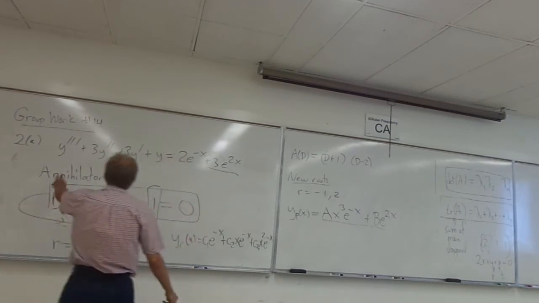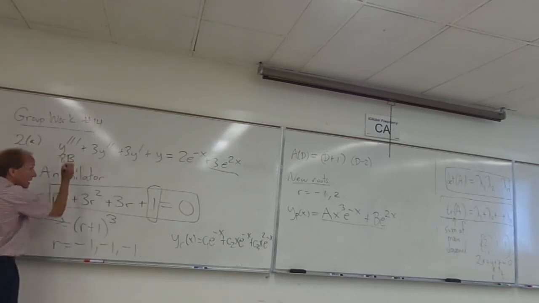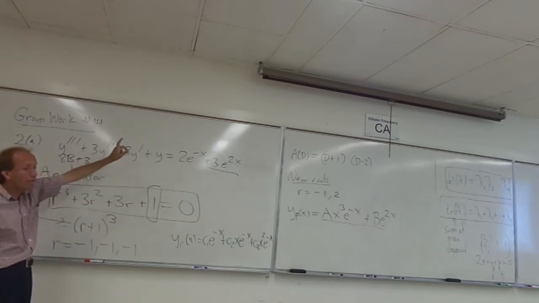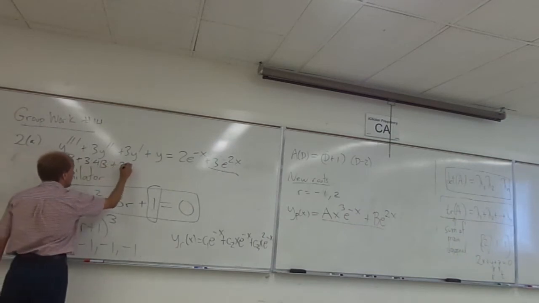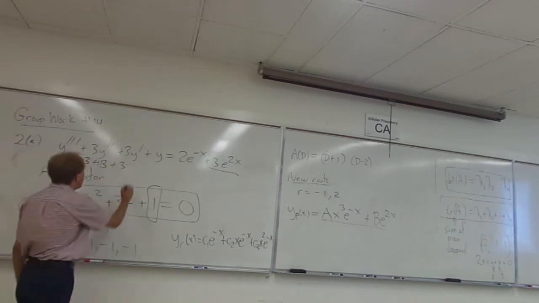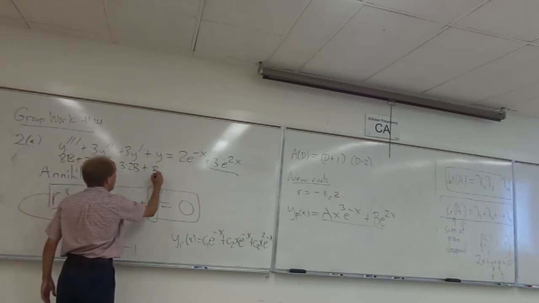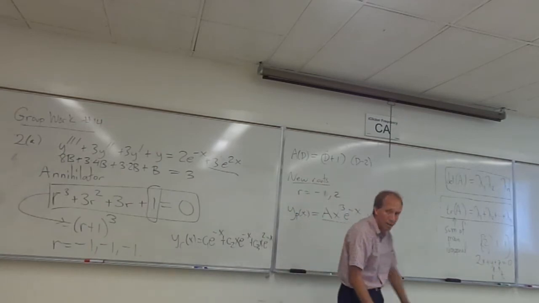So for example, 3 derivatives of b e to the 2x is going to give you 8b, right? And then plus 3 times 2 derivatives of b e to the 2x would be 4b. And then 3 times 1 derivative would be 2b. And then the original, which is just b, and all of that would have to equal 3. And I'm just not writing down the e to the 2x part.